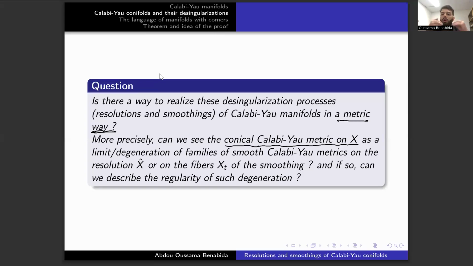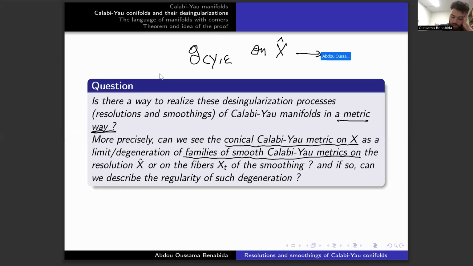And so can we see this conical Calabi-Yau metric on X as a limit or a degeneration of some family of smooth Calabi-Yau metrics on the resolution X hat? So can we find some family of smooth Calabi-Yau metrics on X hat, such that, when epsilon goes to 0, we get the conical metric on X. And we can ask the same question in the case of the smoothing.